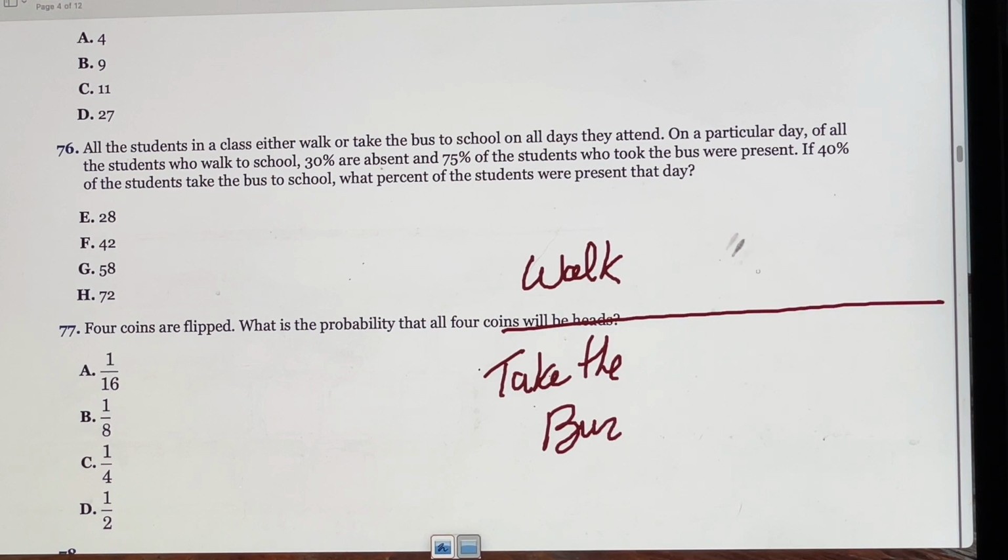On a particular day, of all the students who walk to school, 30% are absent.